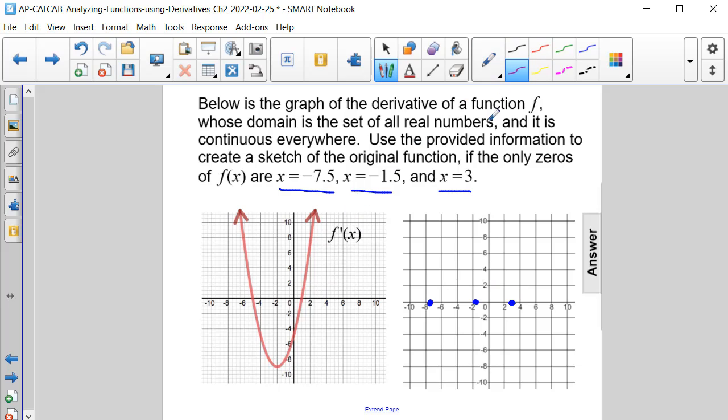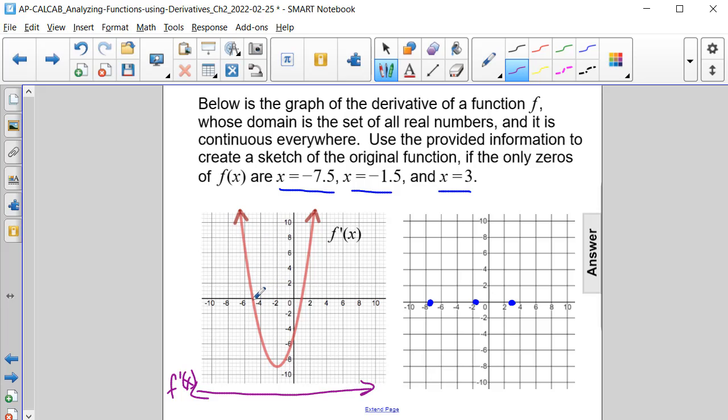All right. Next, we are going to create a sign chart for our derivative. Some may need it, some may not. I like to use it because I feel like reading the sign chart is a little bit easier when graphing the actual function.